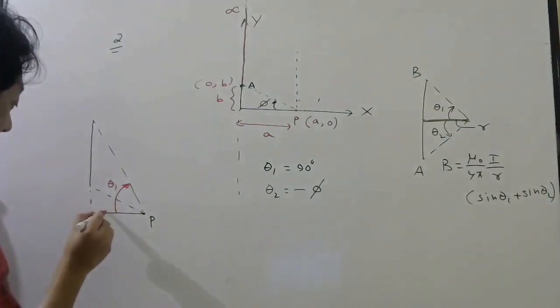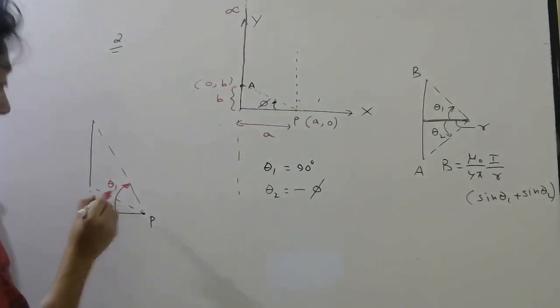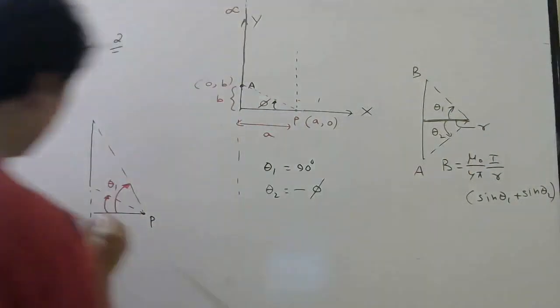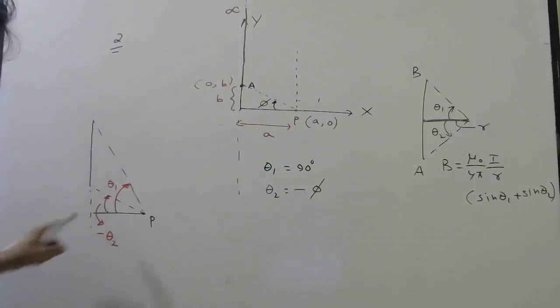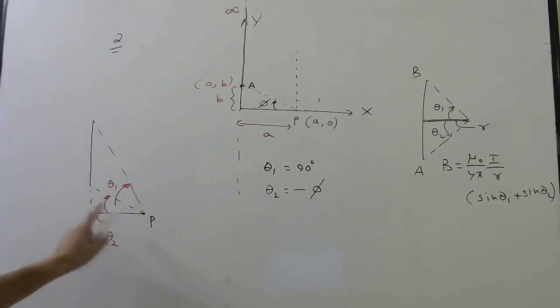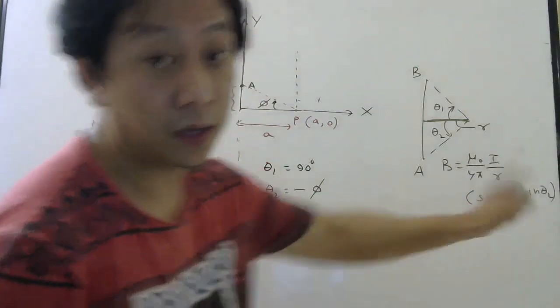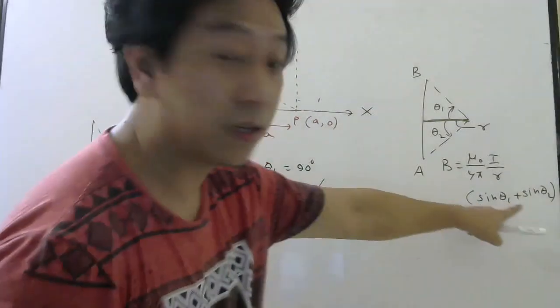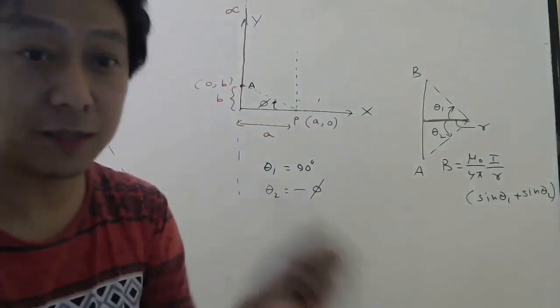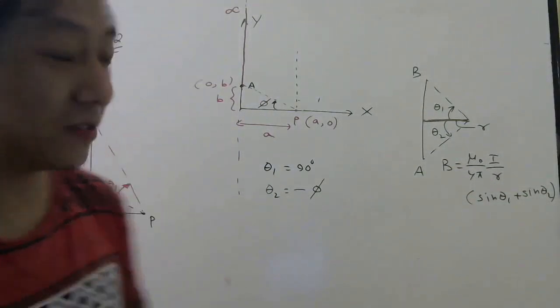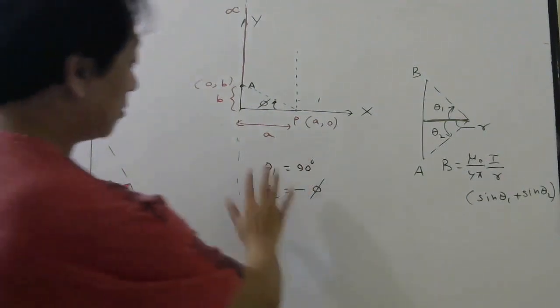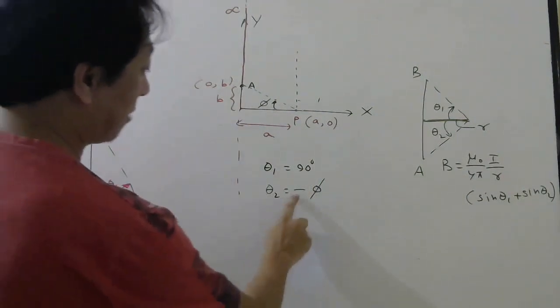But theta 2 will be this way, whereas here theta 2 was taken this way. So whatever the angle, minus of that angle should be substituted. Otherwise a wrong answer will come, because sine depends on whether the angle is minus or not. If it was cos, it doesn't matter, but for sine it matters.